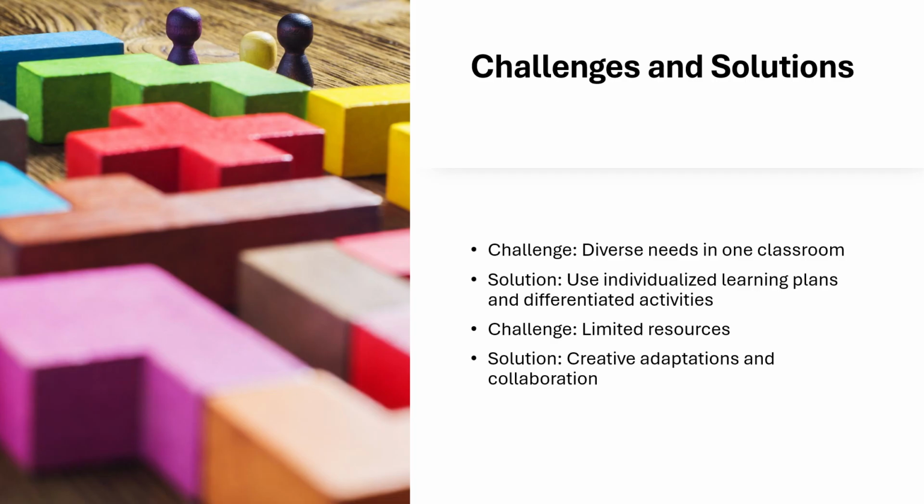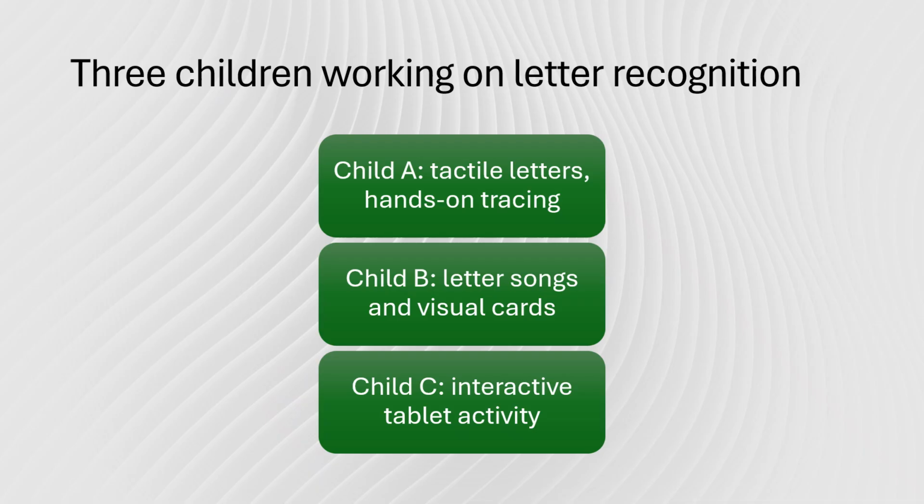So when you think about prioritizing those key learning goals and thinking about how we make this curriculum accessible for all children, if we look at an example, we might have 3 children all working on letter recognition. Right?